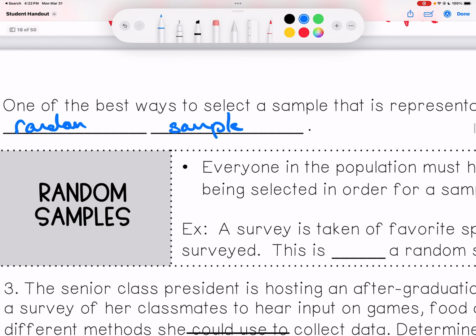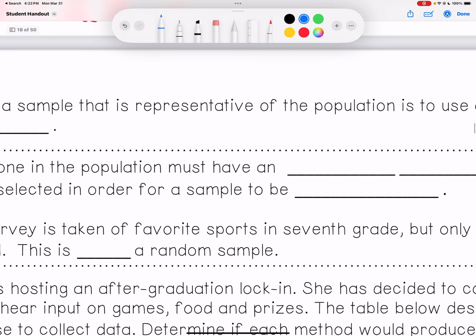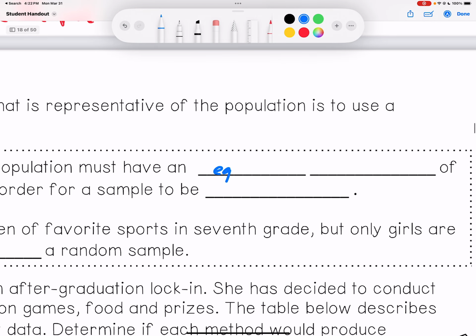All right, random samples. Everyone in the population must have an equal chance of being selected for a sample to be actually random. So if everybody doesn't have an equal chance, it's not really random.